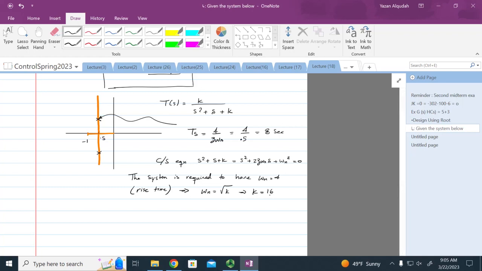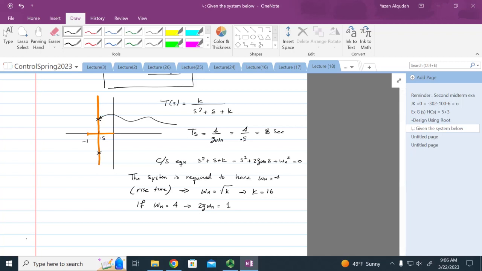And at the same time, if omega n is equal to 4, then 2 multiplied by zeta multiplied by omega n is going to equal 1. From here, zeta omega n is equal to 1.